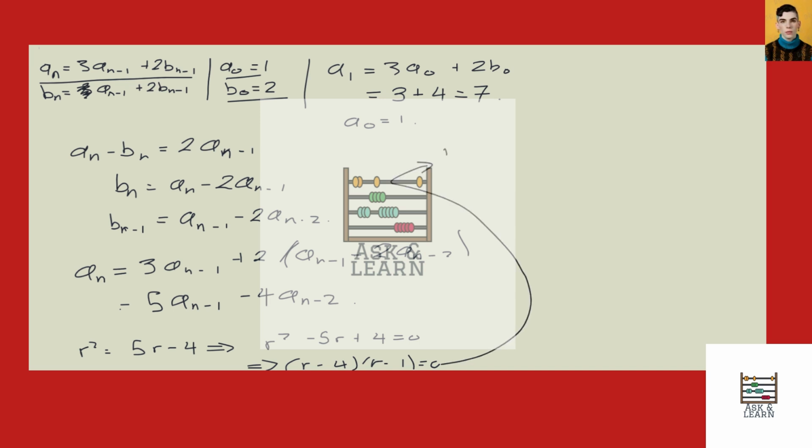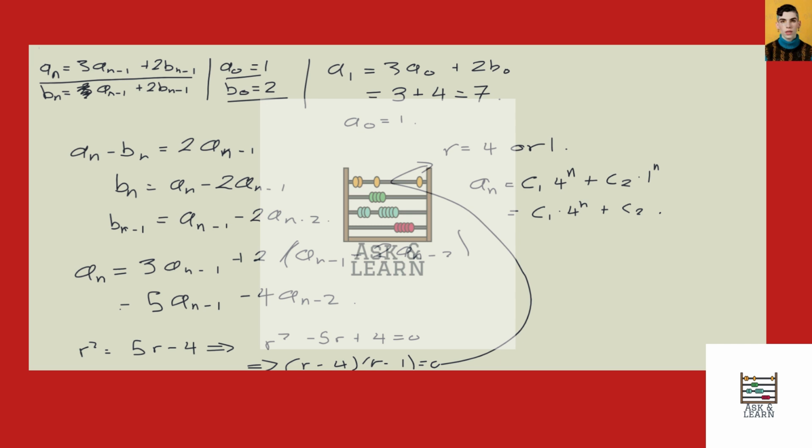So r is equal to 4 or 1. Then the solution is given by a sub n equals c sub 1 times 4 to the n plus c sub 2 times 1 to the n. Since 1 to the n is just 1, that's c sub 1 times 4 to the n plus c sub 2.